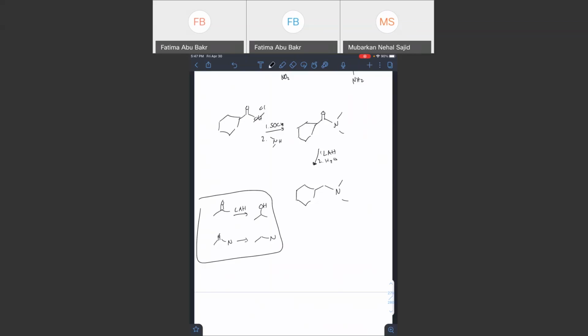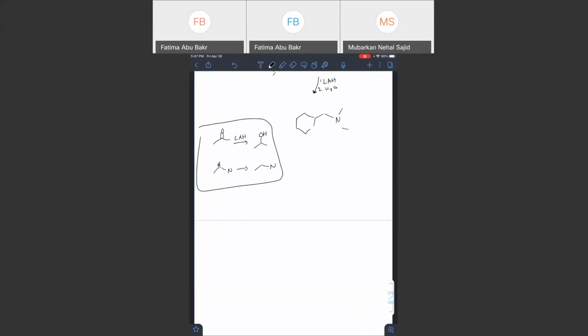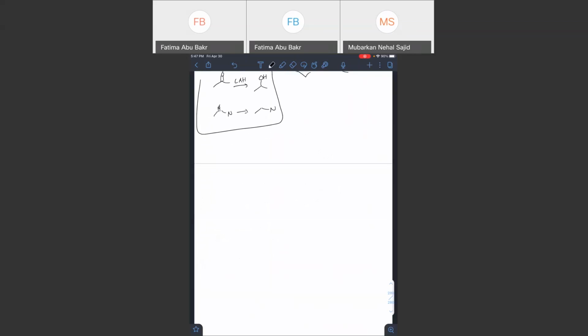So then there's also a method for replacing a carbonyl with an amine altogether, okay? And there's also our Wittig-like reaction, so we're going to go over a few of those.